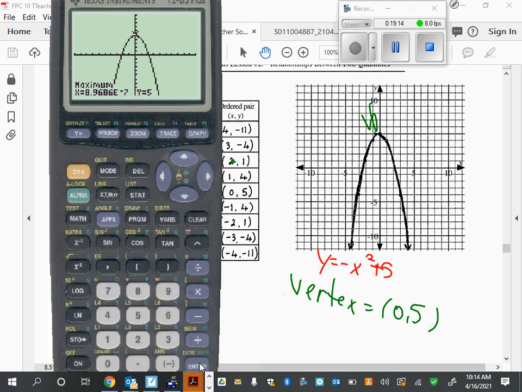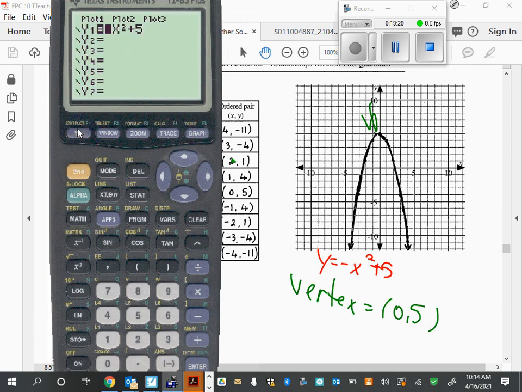Are you talking about your x coordinate or your y coordinate? Okay, so this is what you put for y equals negative x squared plus 5? Oh, it looks like it's 0, 5 according to the graph. And make sure you put maximum. I'm not sure. I'll come to you too and we'll figure it out.